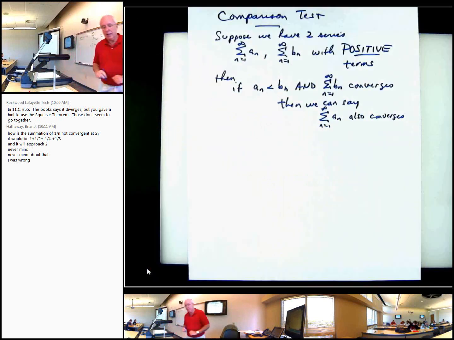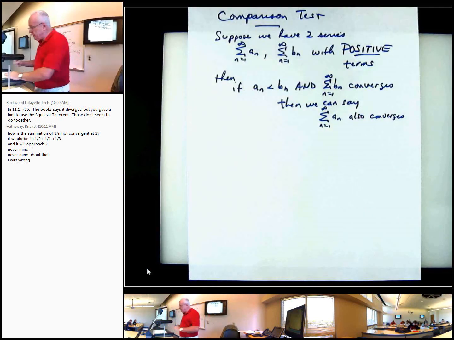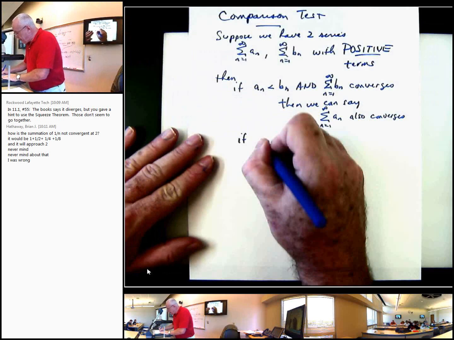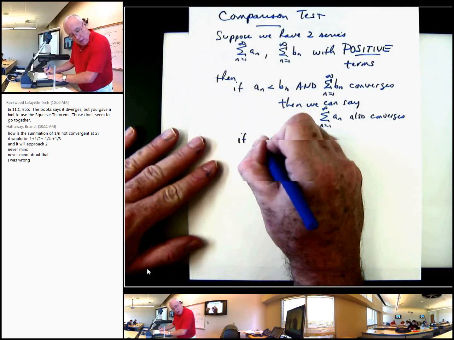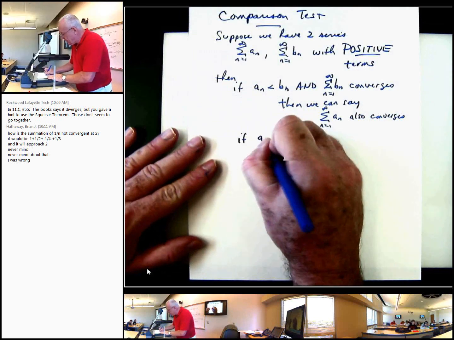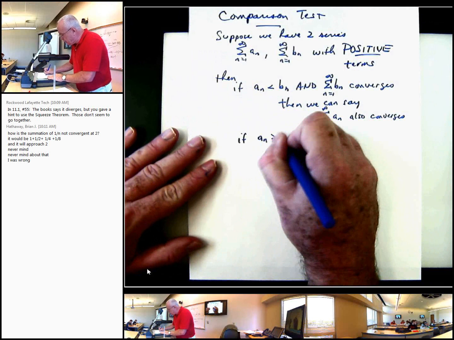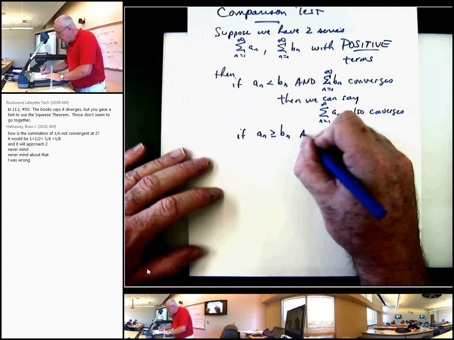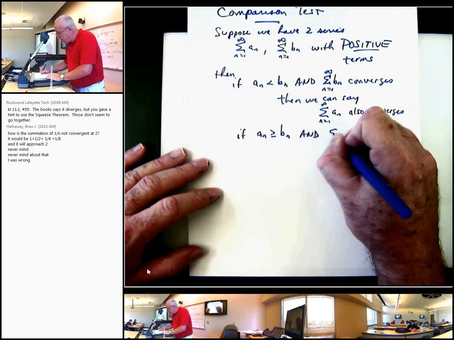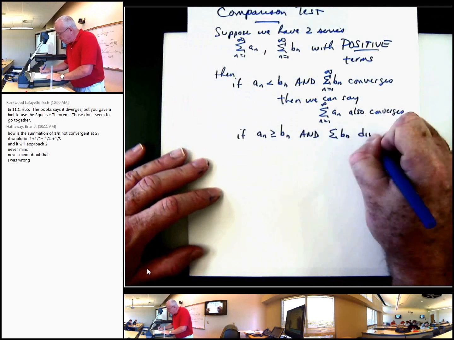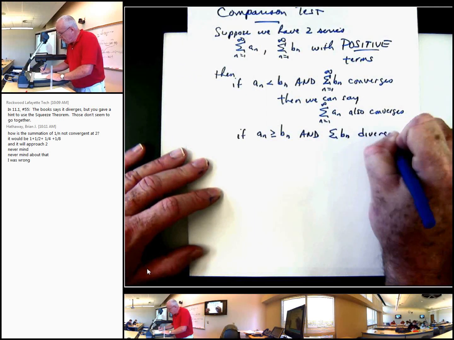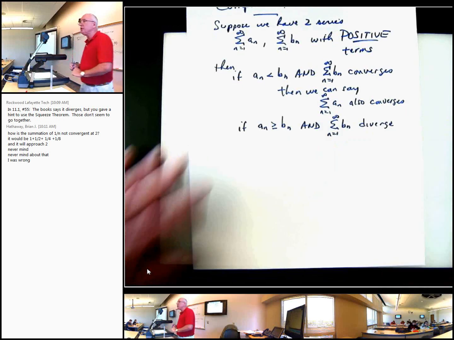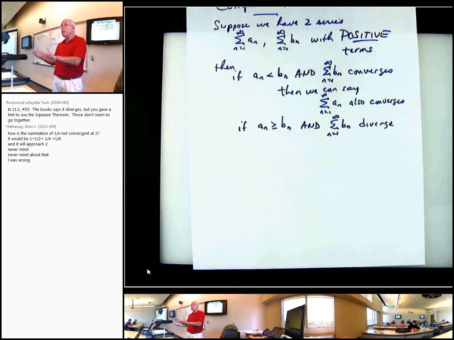All right. And then we have a flip side to this. If, say, the a sub n is bigger than or equal to the b sub n terms, so now they're bigger, and we know that the b sub n series diverges, well, something bigger than that is also going to diverge.